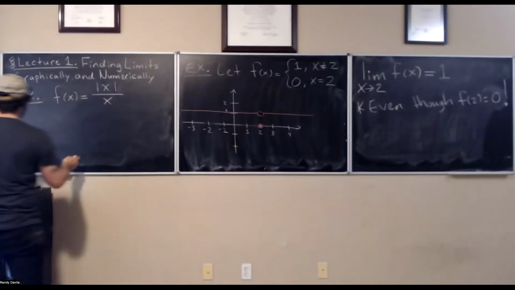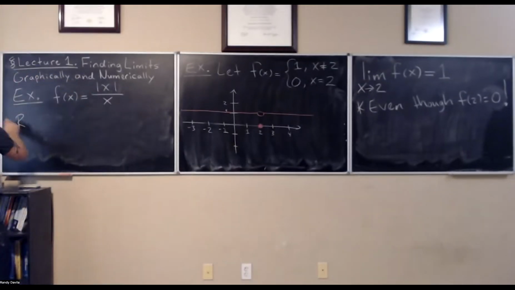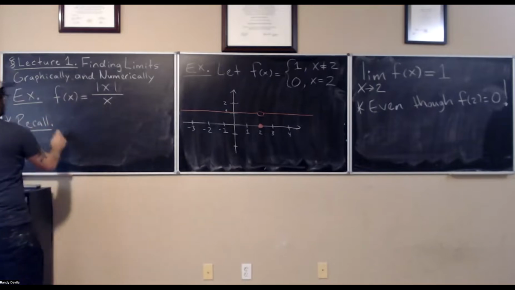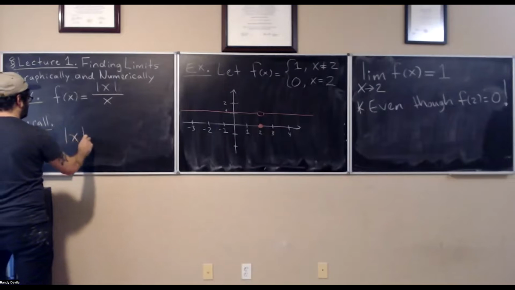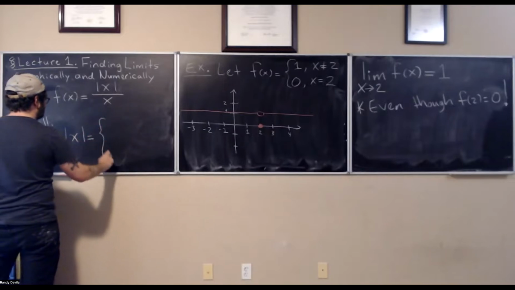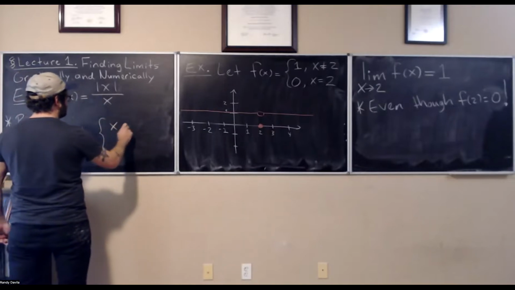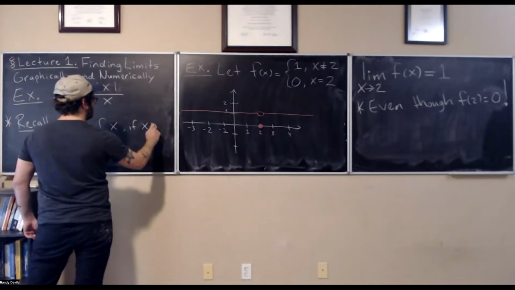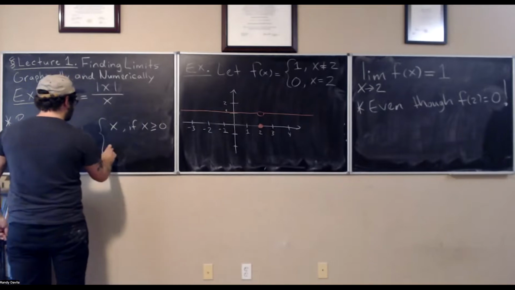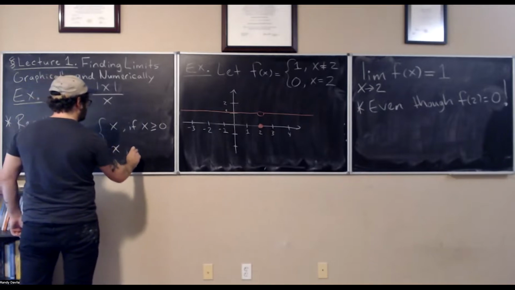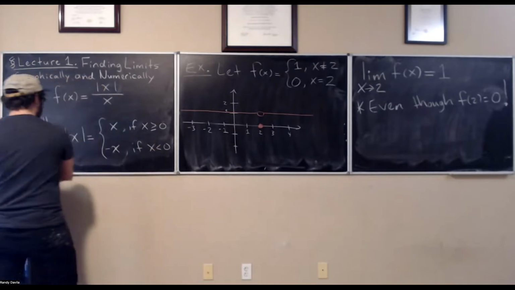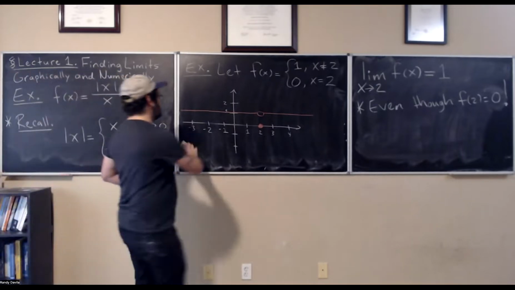So, recall the formal definition of the absolute value. It's equal to x if x is greater than or equal to 0, and negative x if x is less than 0. That's the formal definition of the absolute value.